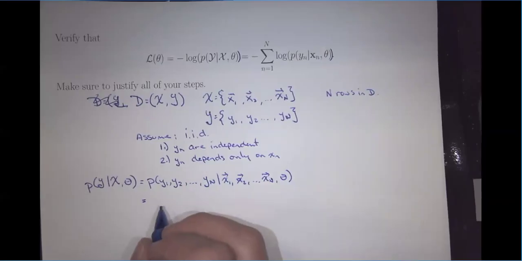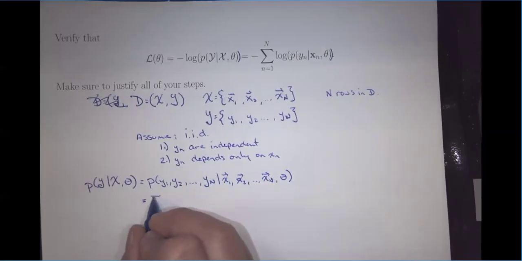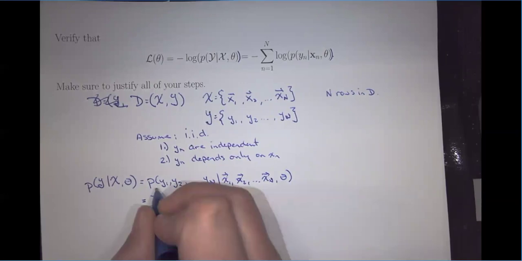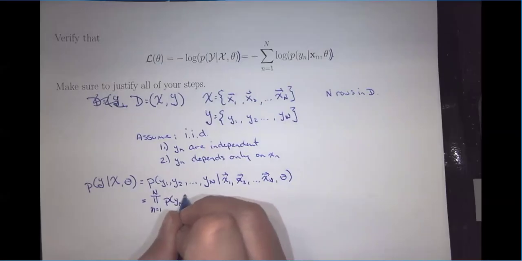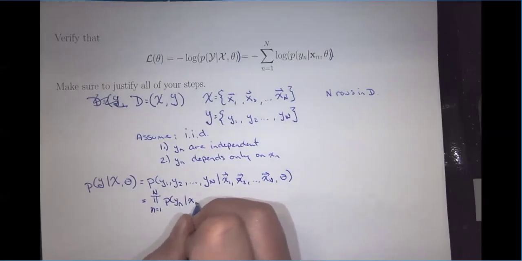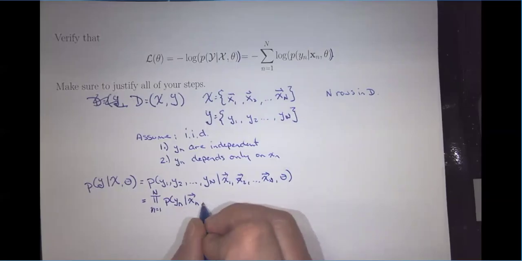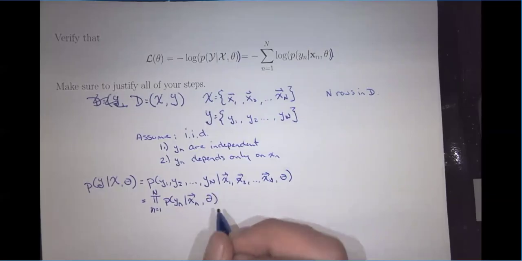So this should be the product, where n goes from 1 to capital N, of the probability of each yn given our input value xn and our parameters theta.